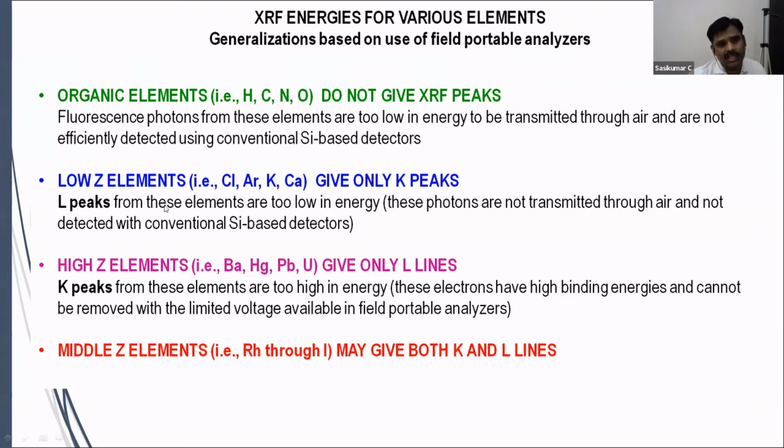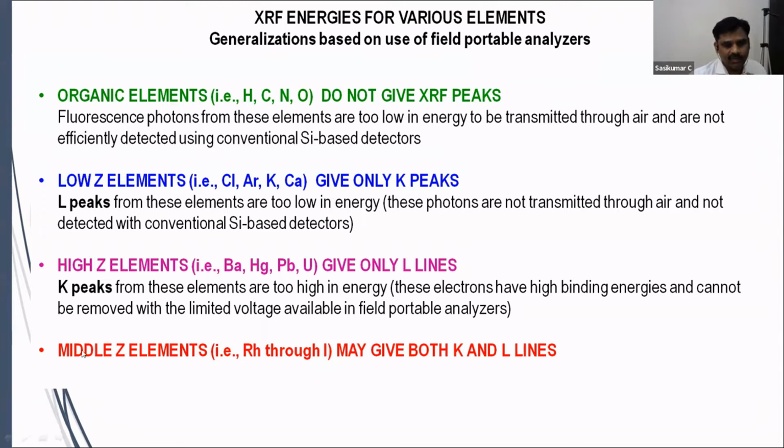Low atomic number elements like chlorine, argon, potassium, calcium give only K peaks. L peaks are very low in energy, and you will not be able to see the L peak from these. Only the K peak is visible. For high atomic number elements, the K peak will be at too high an energy, so you will not see it clearly, and L peaks will be visible.